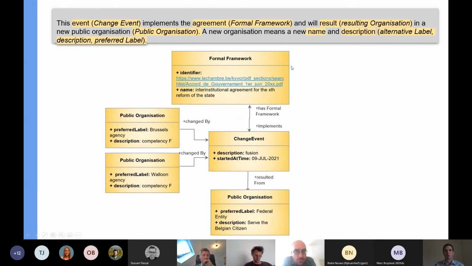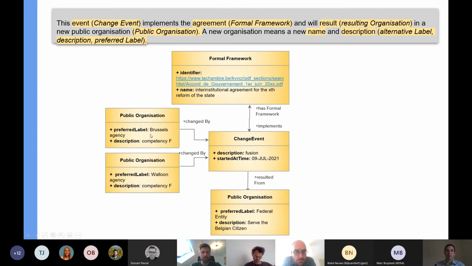Then this formal framework is implemented by an event. Here, an event that is changing the organizations around. And so the change event here has a small description and a started time.